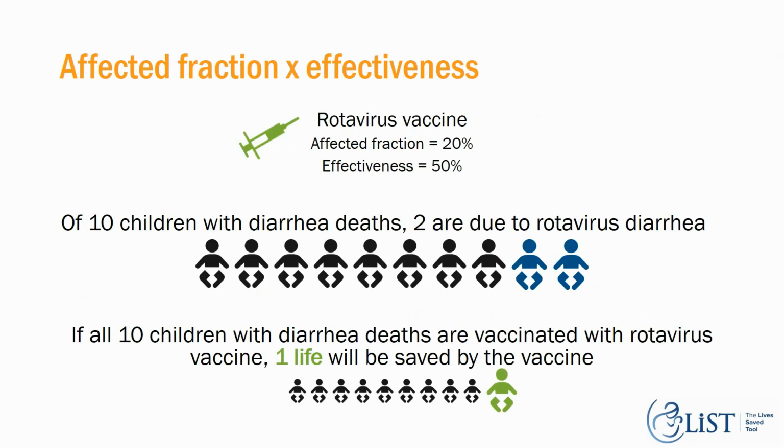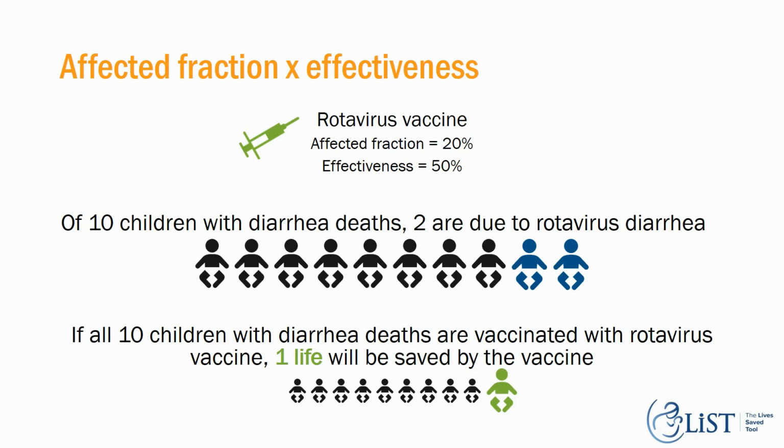So what does that mean? If we put both of those pieces of information together, we know that the affected fraction for rotavirus of all diarrhea death is 20%. That's what's represented here with our 2 children in blue. That represents 20% of those 10 children who died due to rotavirus diarrhea.